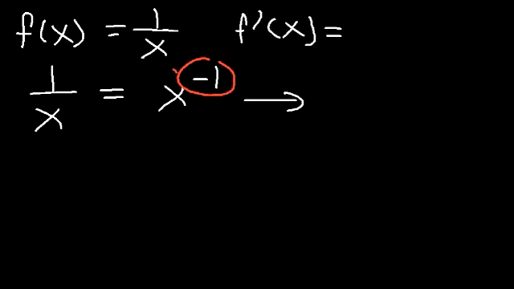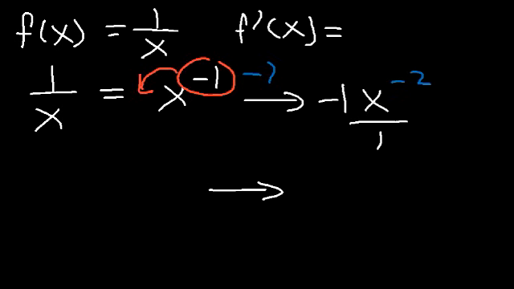So we need to move this number to the front. So it's going to be negative 1 x, and then we need to subtract 1 from the negative 1. Negative 1 minus 1 is negative 2. And then let's rewrite it. We're going to bring x back to the bottom. Whenever you move x from the bottom to the top, the exponent changes sign.